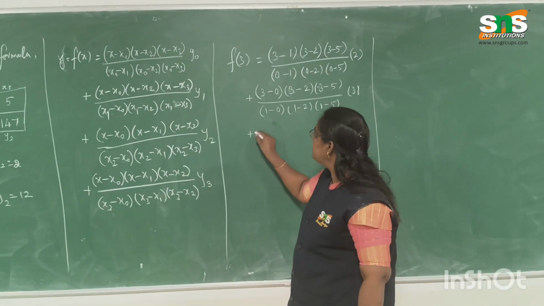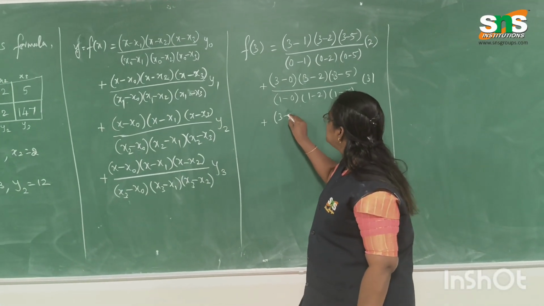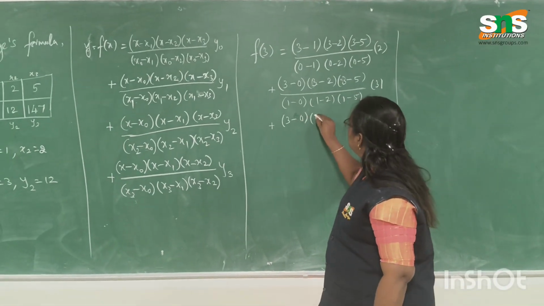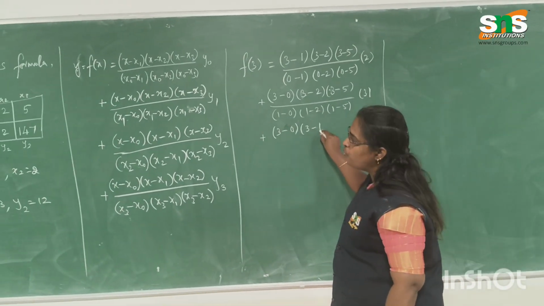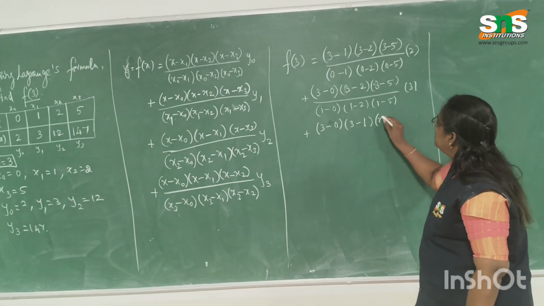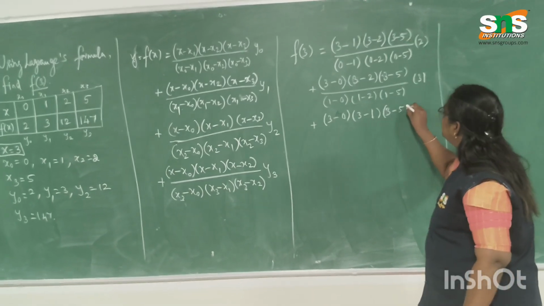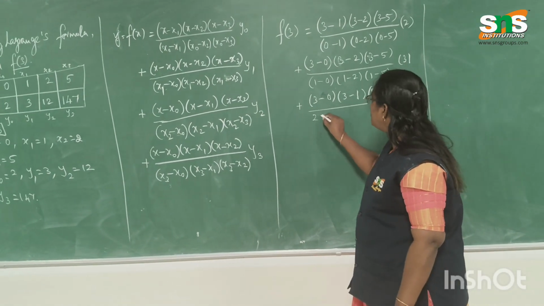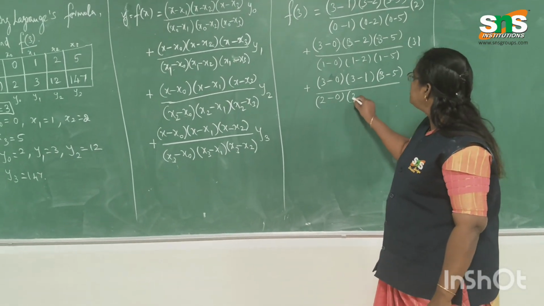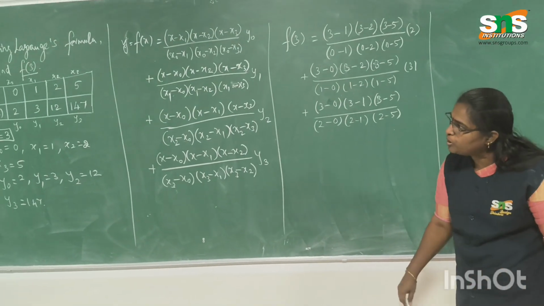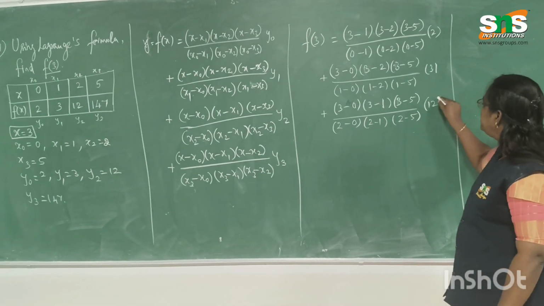Next plus (3 minus 0)(3 minus 1)(3 minus 5) divided by the omitted value 2, so (2 minus 0)(2 minus 1)(2 minus 5), and the corresponding value is 12.